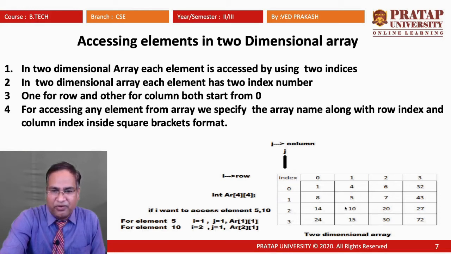Similarly, suppose we want to access the element 10. For this element, we have two identifiers, row identifier and column identifier. So, the value of i equals 2 and the value of j equals 1. The row index is denoted by i and the column index by j.